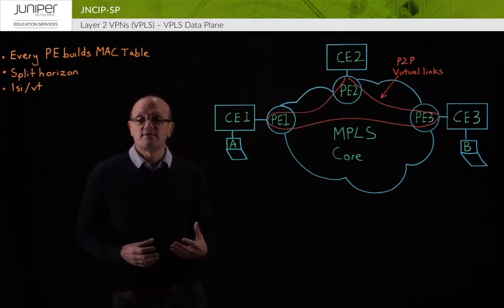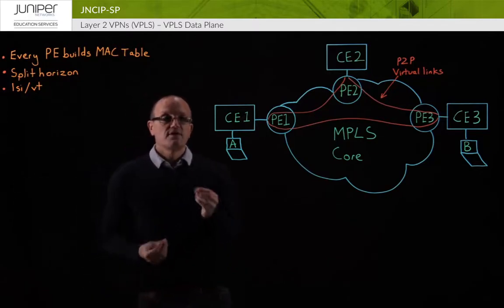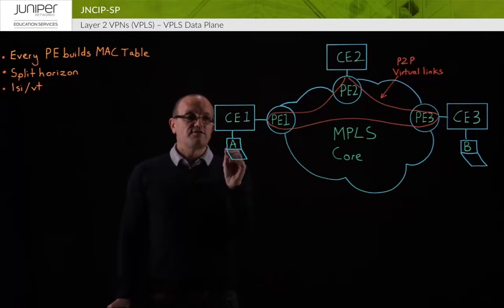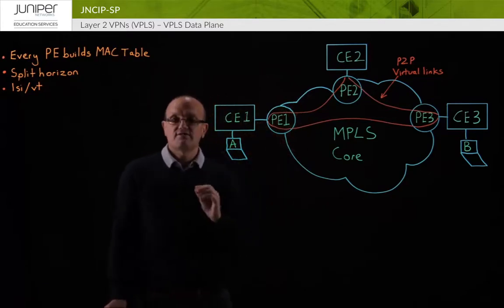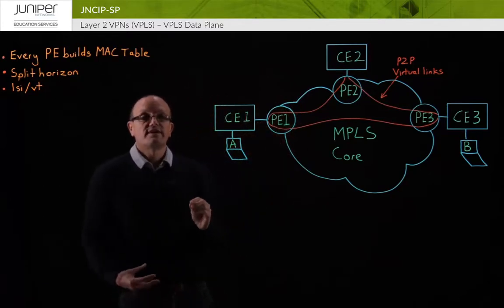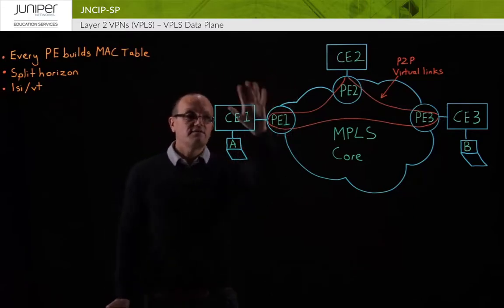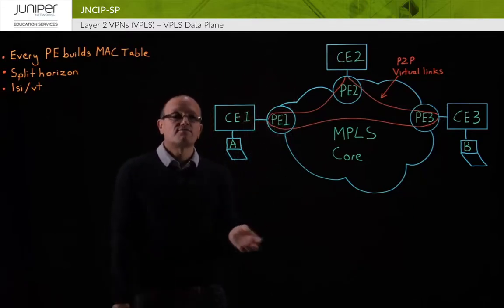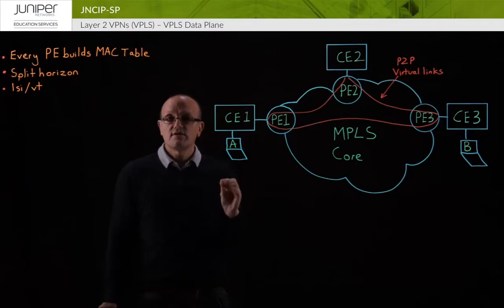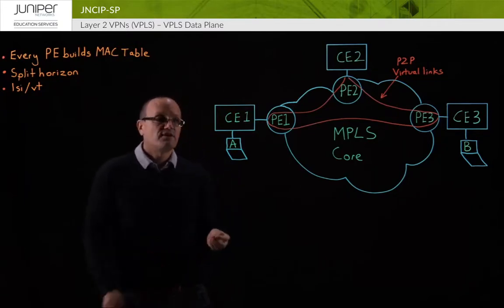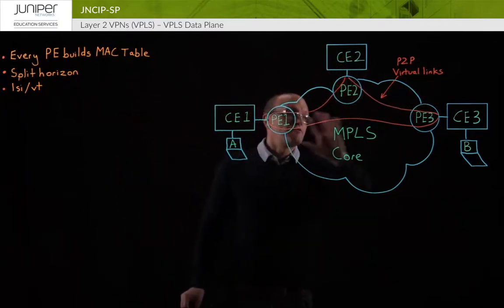The first split horizon rule is that any frame received from a CE interface can be forwarded out to any other locally connected CE apart from the interface over which it was received, and it can be forwarded to every remote PE.